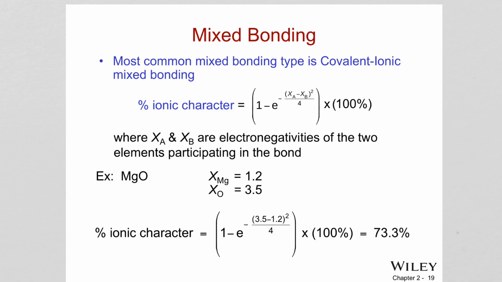Okay. And we are given an example here. If we know the electronegativities, here we are given magnesium and oxygen, we can easily calculate the ionic character percentage of that compound, magnesium oxide, to be just 73.3% by plugging the electronegativity values into the equation.